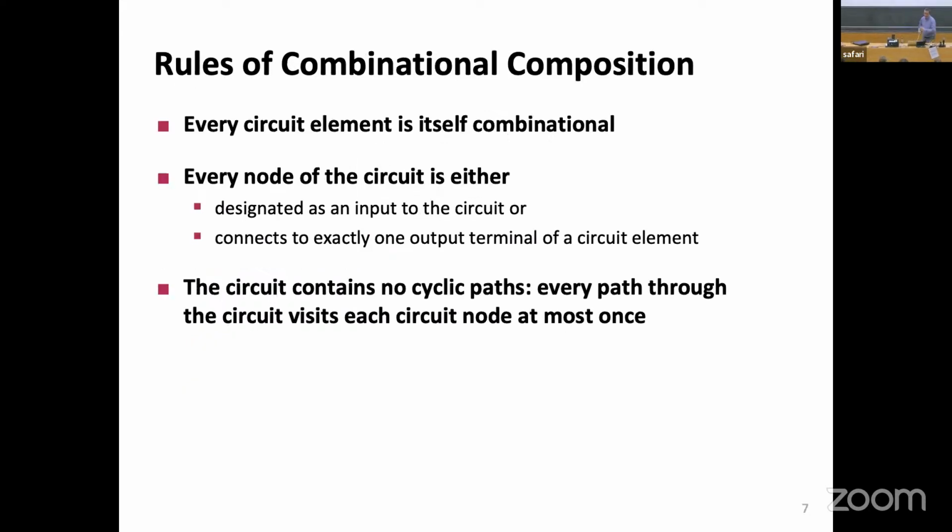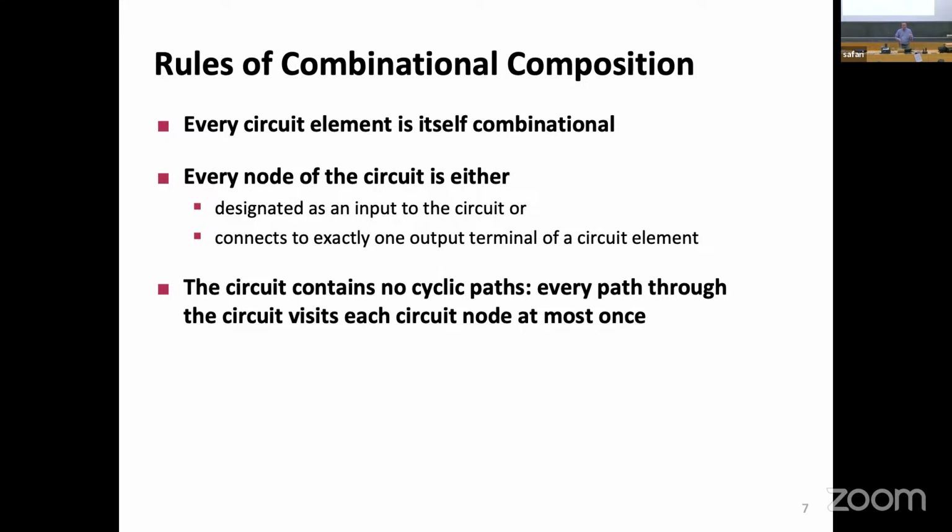What is this? Now, very, very simple rules. They start very innocuous, but they become complicated, meaning that I can ask great questions about it. Rules of combinational composition. First of all, every circuit element, every element that makes up the circuit is also combinational. Okay?